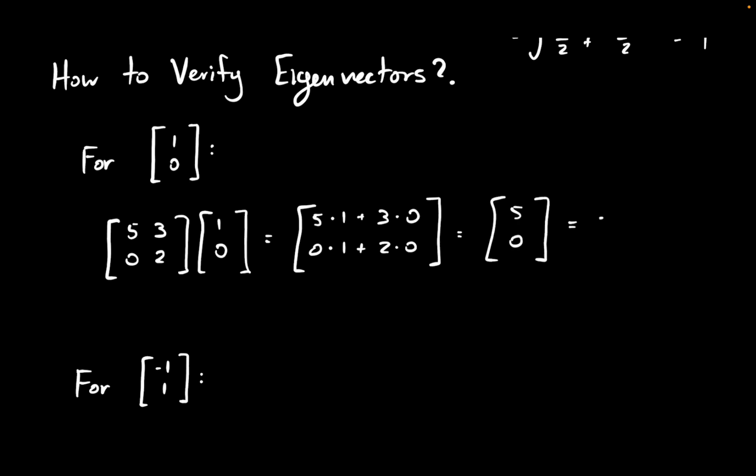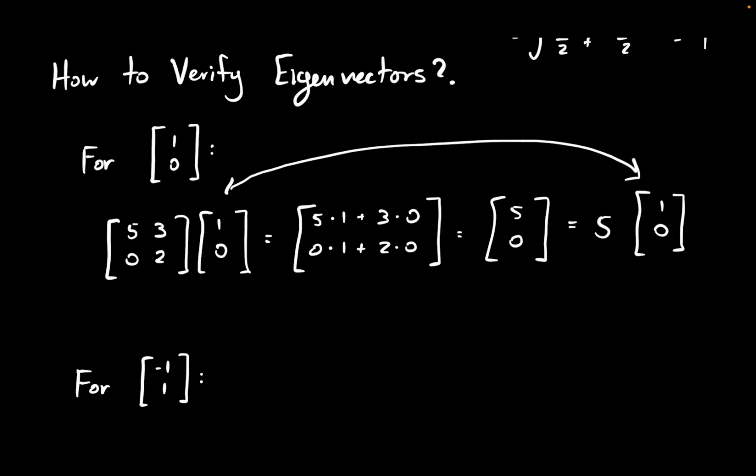In this case, we can pull out the 5, and look at that, we get the same vector as before. So this is that first equation we had, A times v is equal to lambda times v. And this is exactly what we are looking for, because we get the same exact eigenvector coming out, except now we have this factor of lambda, our eigenvalue, multiplying onto the eigenvector.